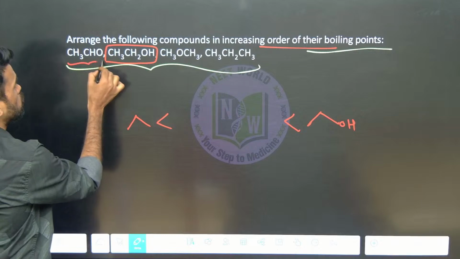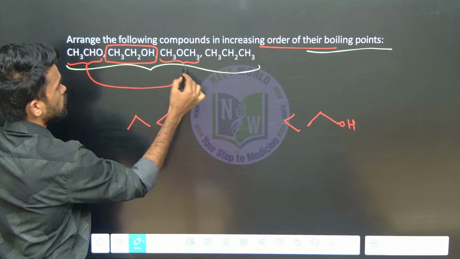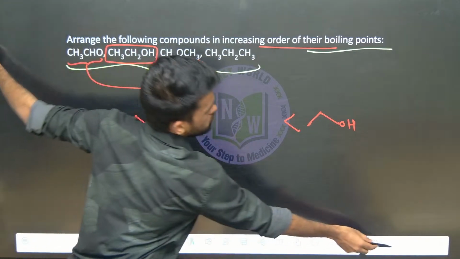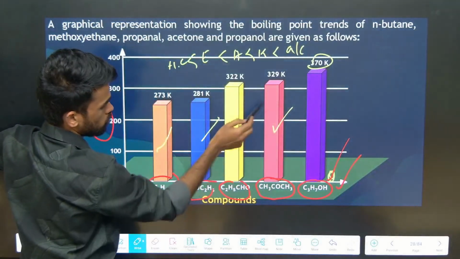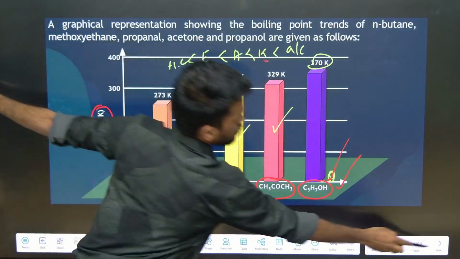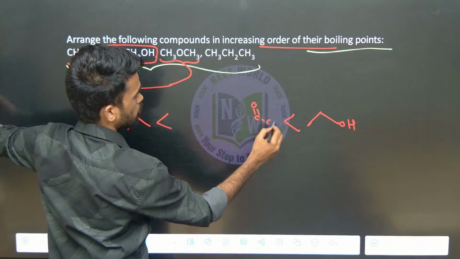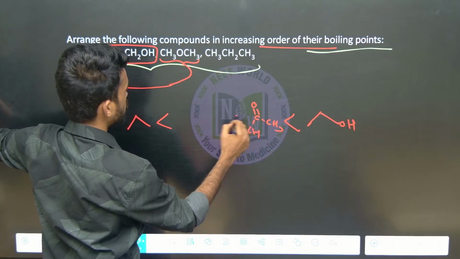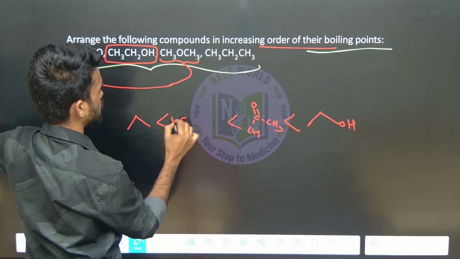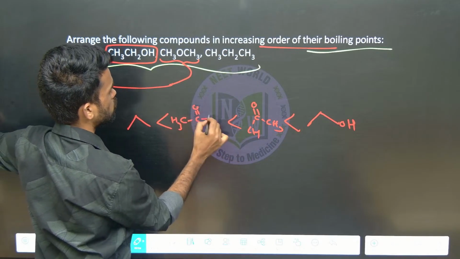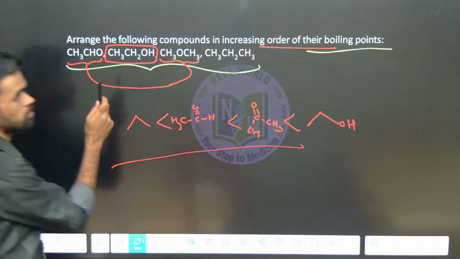Between these two, aldehyde and ketone, I told you ketones are higher than aldehydes. So here it becomes the ketone, acetone, and this one becomes acetaldehyde, CH3CHO. So this is the order for the given question.